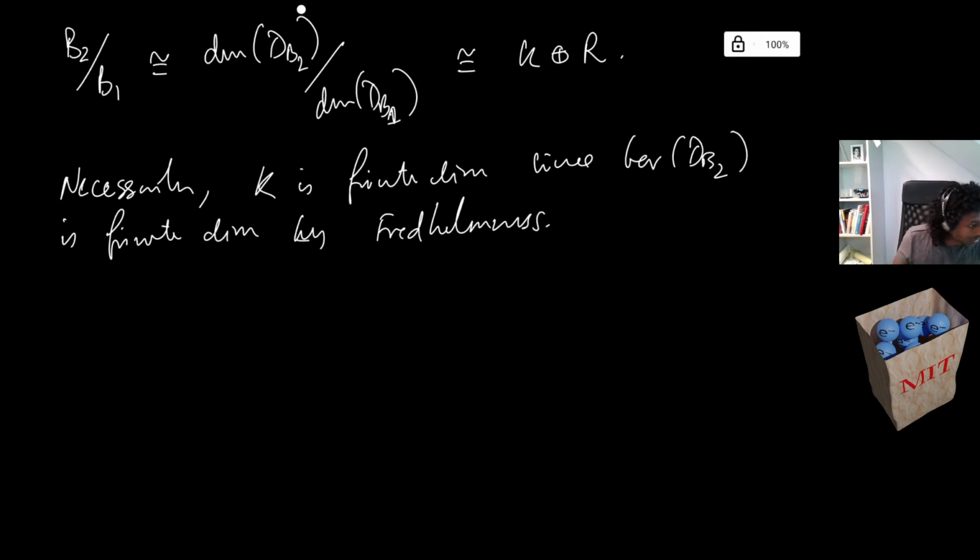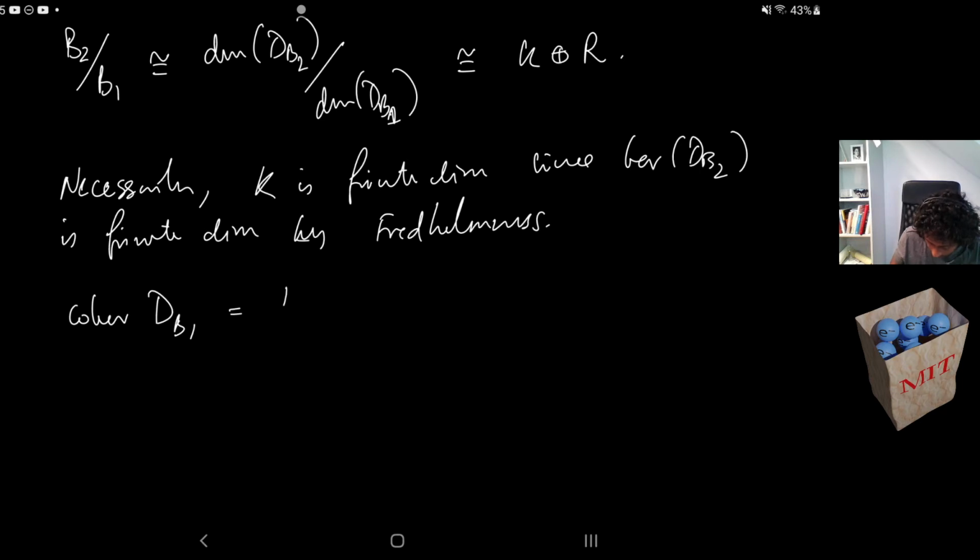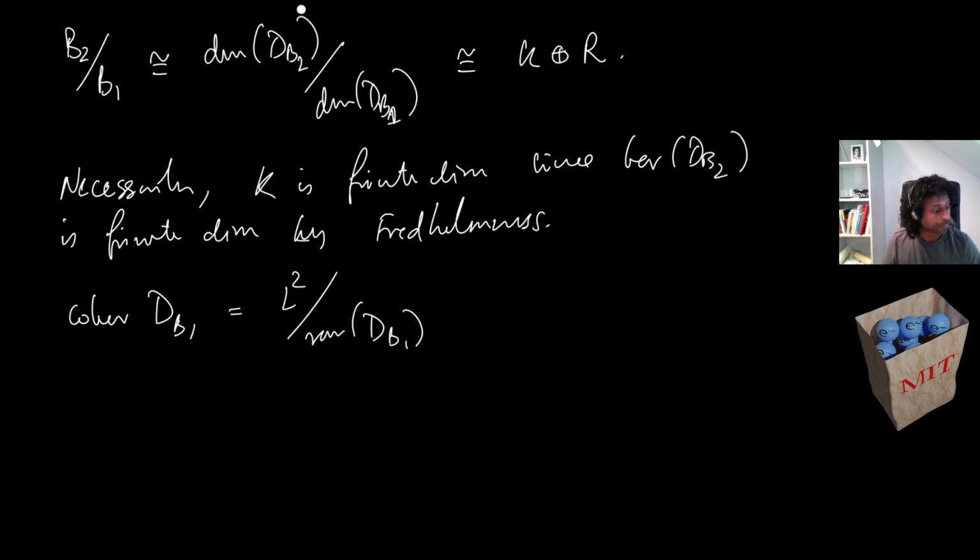Now what is the co-kernel, right? So the co-kernel of dB1 is going to be equal to L2 mod out the range of dB1.